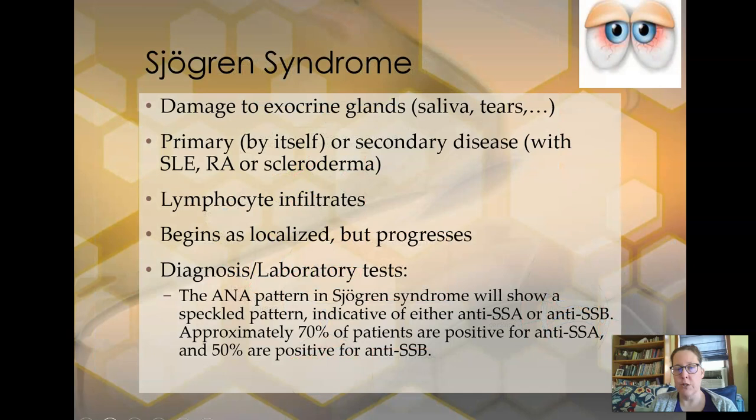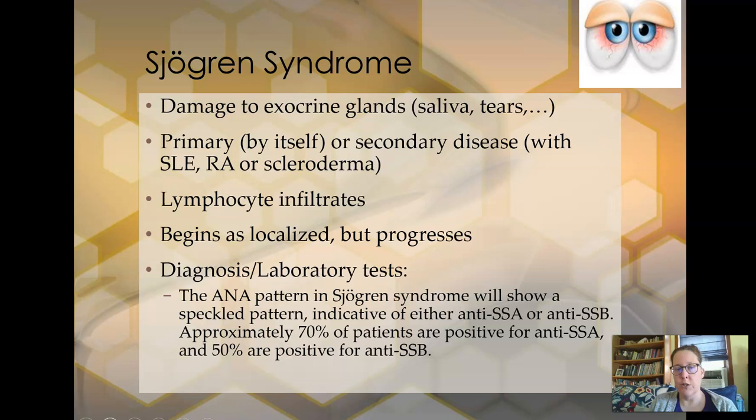All right, Sjogren's syndrome is damage to your exocrine glands, those are the glands that produce saliva and tears, etc. So you get really dry eyes. Primary is when you just have Sjogren's syndrome, period, nothing else. Or it can be secondary, so you have it with lupus or with RA or with scleroderma.